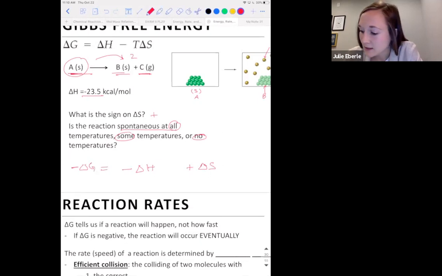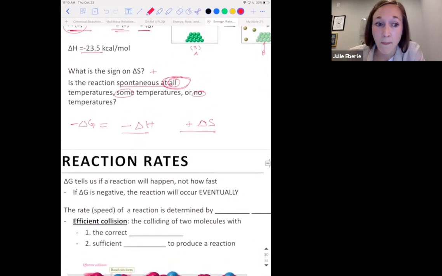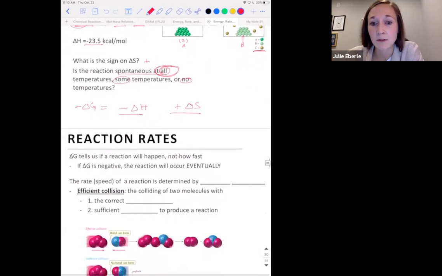And that means it is going to be spontaneous no matter what the temperature is doing, at all temperatures, because your delta H is negative, your delta S is positive. So no math on a question like this. It's just understanding the mathematical concepts of the equation. Any questions on that? I'm telling you, that table will be very handy for you with your homework and with the exam.